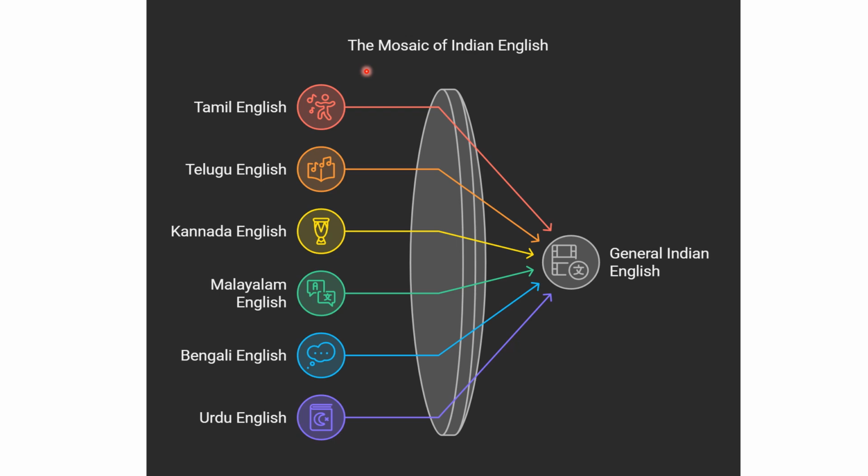Each variety, Tamil English, Telugu English, Kannada English, is strongly colored by the mother tongue of its speakers. So we can't say strictly that there is an Indian English in the same sense as French English or German English.